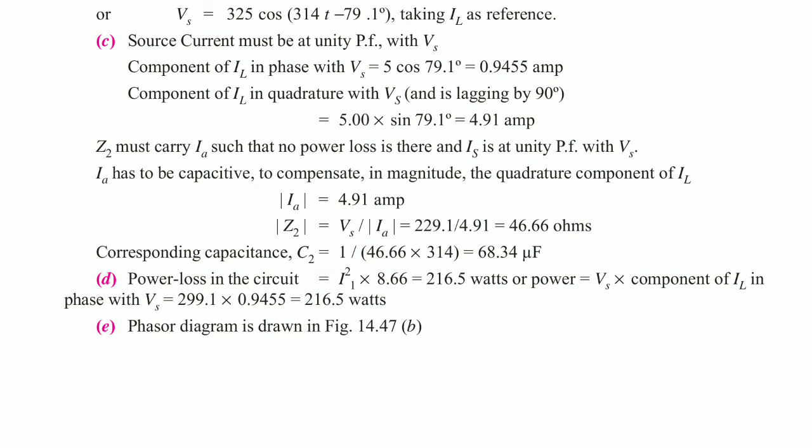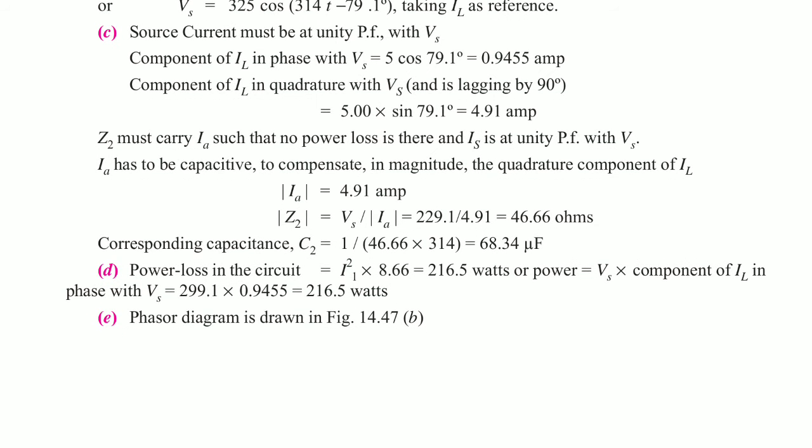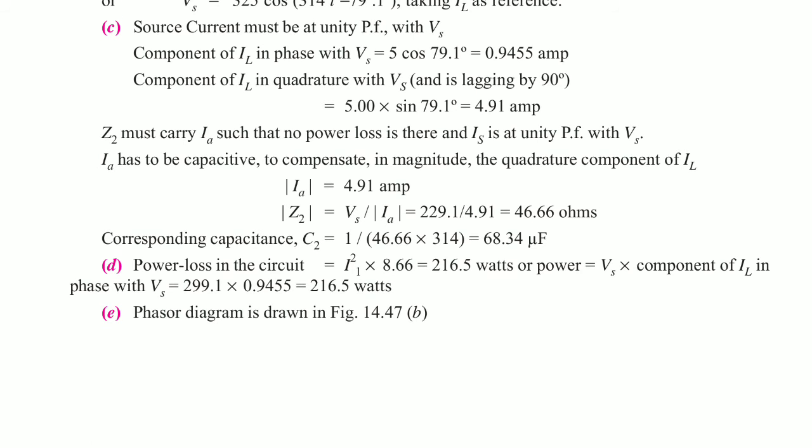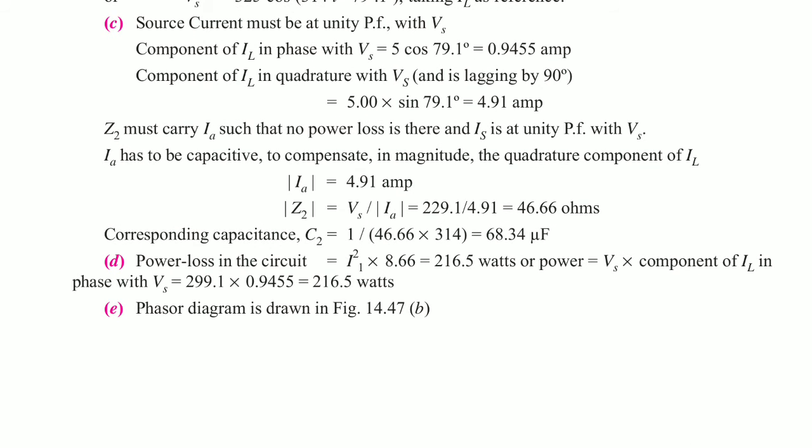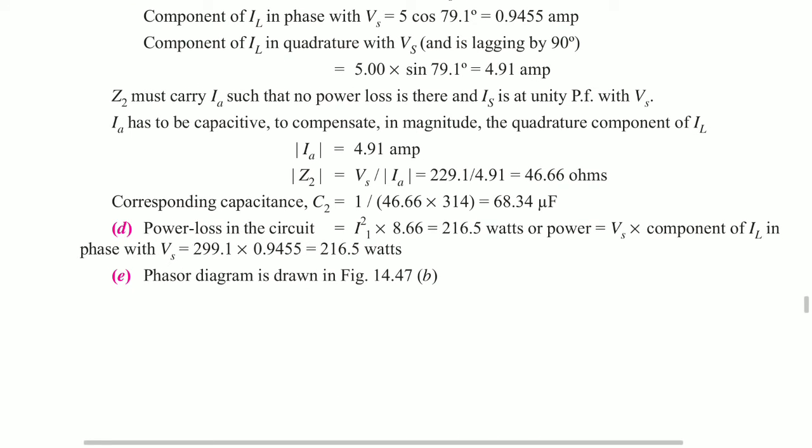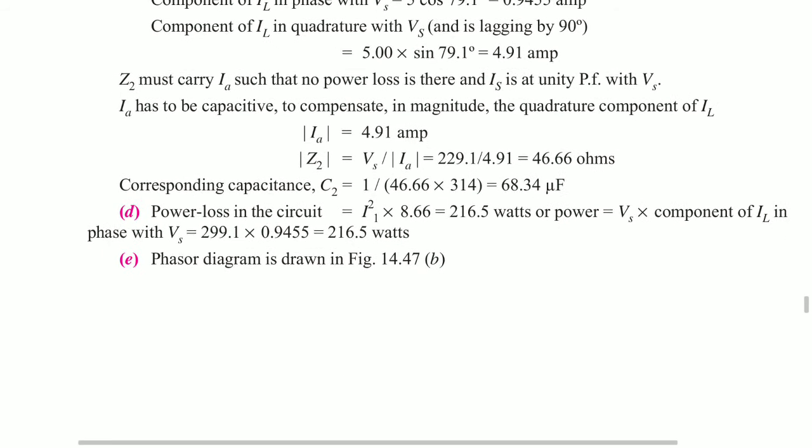the source current must be at unity power factor with Vs, so the component of IL in phase with Vs is equal to 5 cos 79.1 degrees, that is equal to 0.9455 amps. Now the component of IL in quadrature with Vs and lagging by 90 degrees is equal to 5 into sin 79.1, that is equal to 4.91 amps.